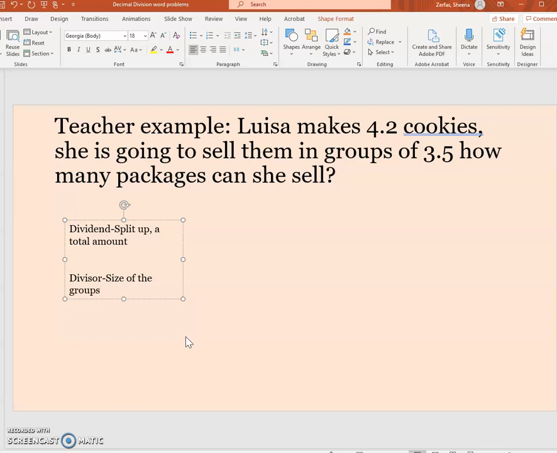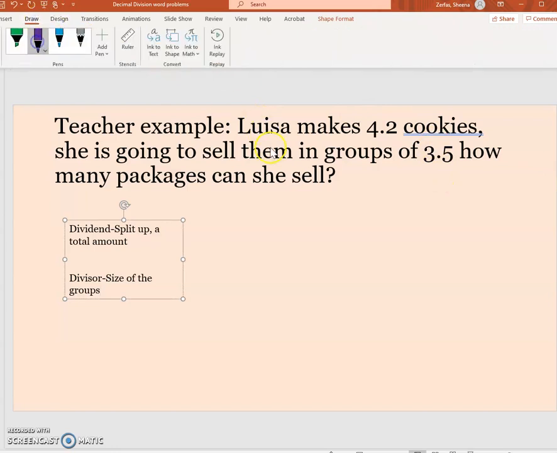In this example, Louisa is making 4 2/10 cookies. She's selling them in groups of 3 5/10. How many packages can she sell? So as I'm reading through that, I'm thinking, which of these items am I splitting up? In this question, we would want to be splitting up the cookies. And it also outlines for you, we're selling them in groups.